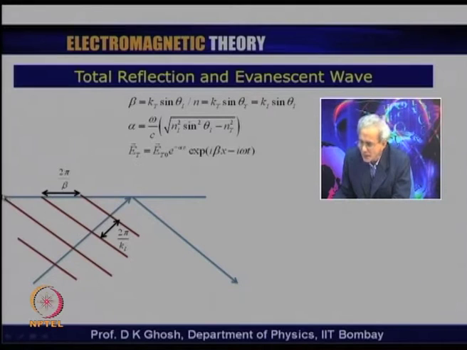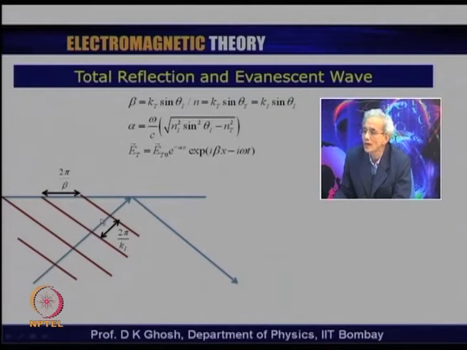But notice that as it comes to the interface, supposing these were water waves and this is the surface, then as it comes to the shore, one would be inclined to measure the distance like this, and this is my 2π by β.